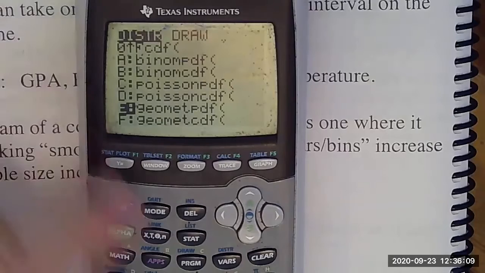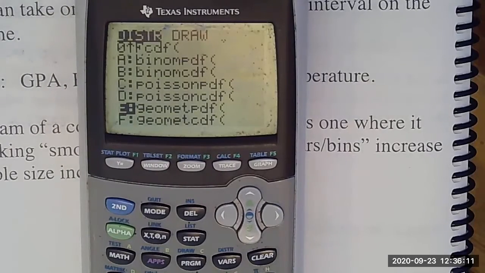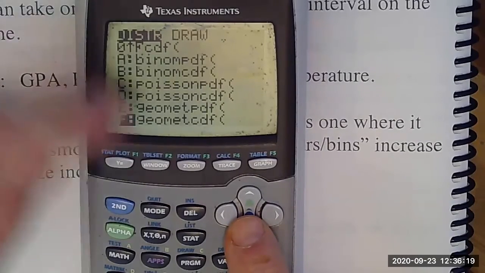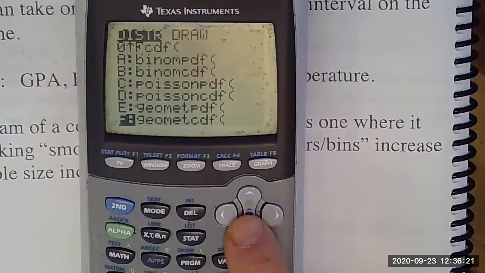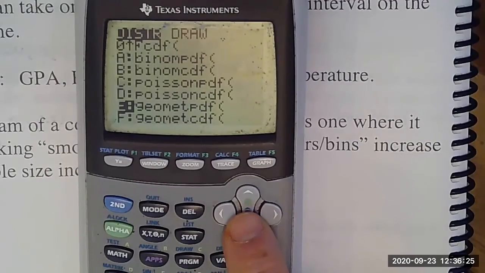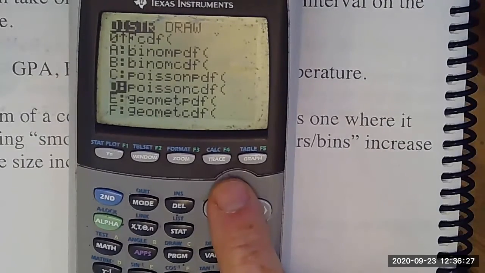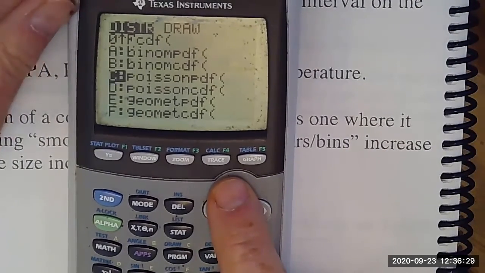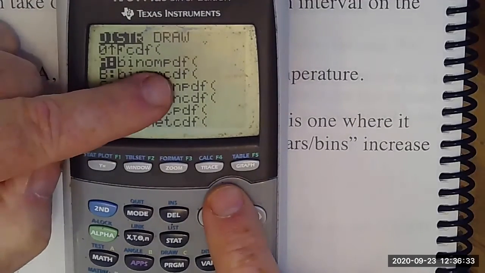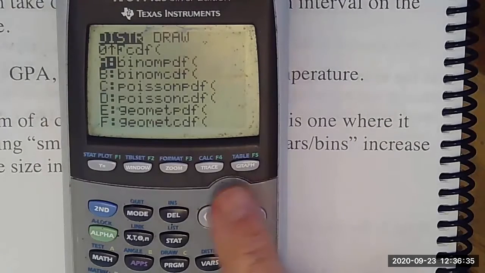But do you see the CDF and the PDF? They all have a CDF and a PDF. Anytime you see a CDF like this one, continuous. You can think C is continuous. PDFs, discrete. Continuous, discrete. That's why I want this one to be discrete.